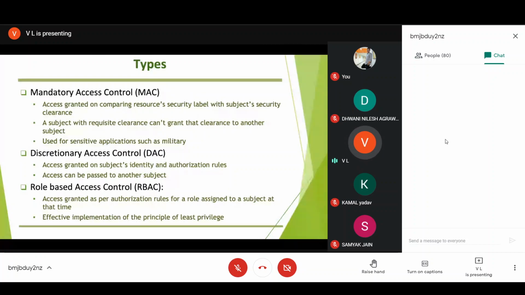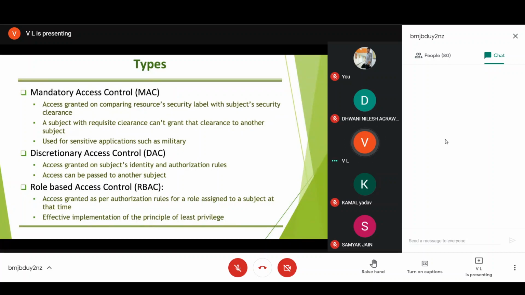Every resource is given a security label, and every subject is given a security clearance. Unless the security clearance of a subject is greater than or equal to the security label of a resource, the access is not allowed.